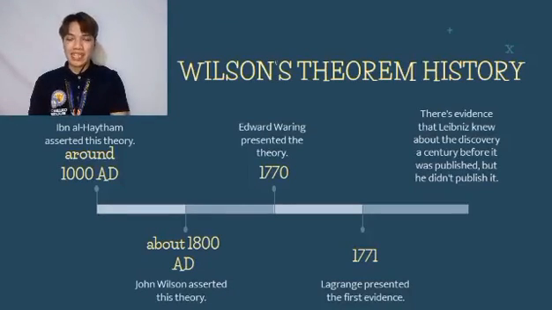Wilson's theorem history. Ibn al-Haytham around 1000 AD and John Wilson about 1800 AD both asserted this theory. In 1770, Edward Waring presented the theory, but neither he nor his pupil Wilson were able to verify it.